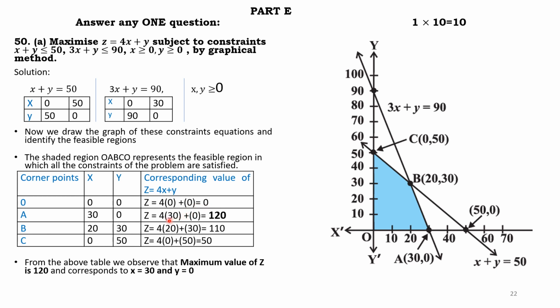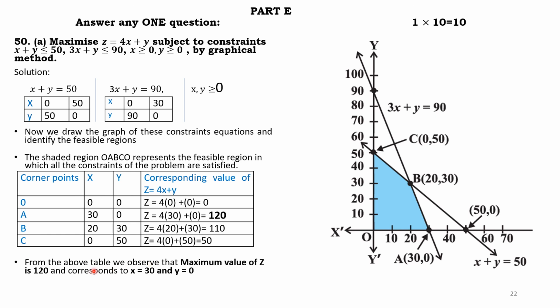When x is 30 and y is 0, z is equal to 120, and when x is 20 and y is 30, z is equal to 110. Similarly, when x is 0 and y is 50, we get z equal to 50. So we get the maximum value as 120.